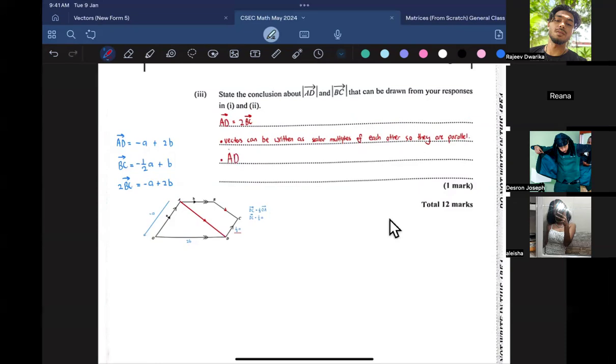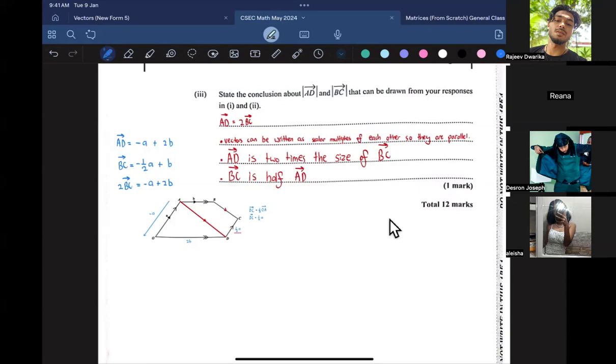You could write A to D is 2 times the size of B to C. So you could write it like that. Or you could say that B to C is half of A to D. Any one you choose.